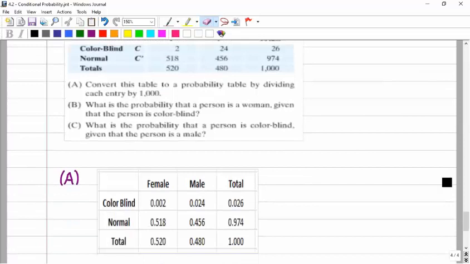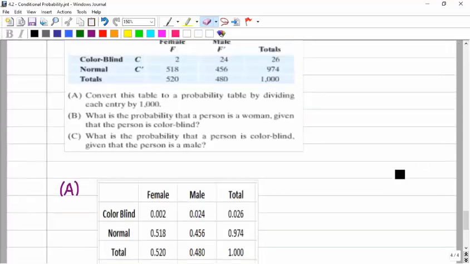This one actually, we won't be dividing by 1,000 doing the method I'm about to tell you. Ultimately, we won't even be bringing the 1,000 into play for this. What is the probability that a person is a woman given that the person is colorblind? If we know that they're colorblind, there's only 26 colorblinds that we know.